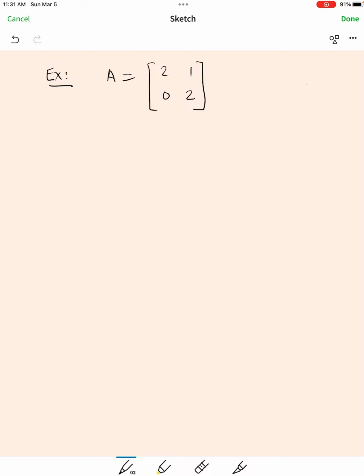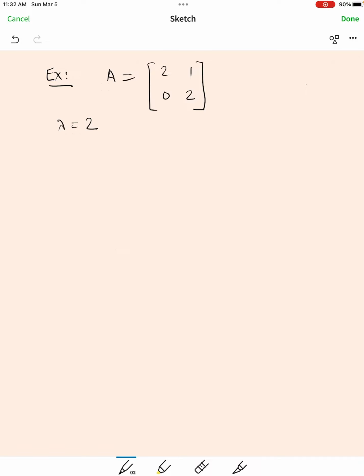Well, let's see what happens. So first let's find the eigenvalues. Well, that's easy. Can you see why this is easy? Can I see right away what the eigenvalues are? I think the only eigenvalue is going to be 2. Do you see why?